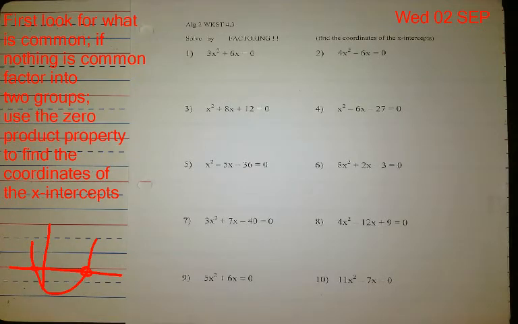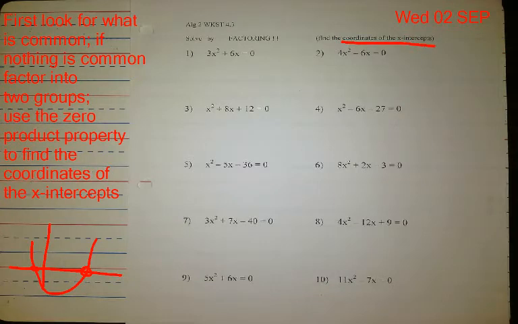And I believe all of these have two x-intercepts. Now we're going to find out that not every parabola has two x-intercepts, but all of these do. So we want to be able to find the coordinates of the x-intercept, right? That's what we're looking for.